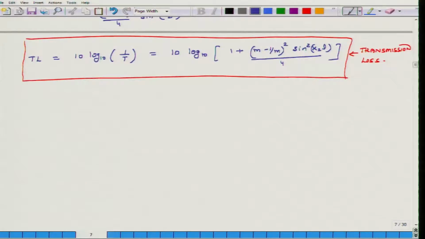So, we can say that TL will be maximum for a given value of m. When is it going to be maximum?